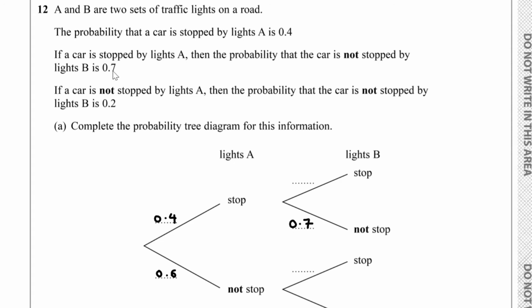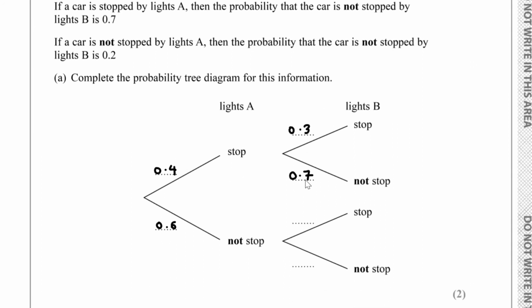We were told that here, and therefore the probability that it stops at light B, given it stops at A, is 1 take away 0.7, which is 0.3. Now, if a car is not stopped by light A, then the probability that the car is not stopped by light B is 0.2, so that refers to this over here, and therefore 1 take away 0.2 is 0.8. So the probability that it stops at B, given that it does not stop at A, is 0.8.